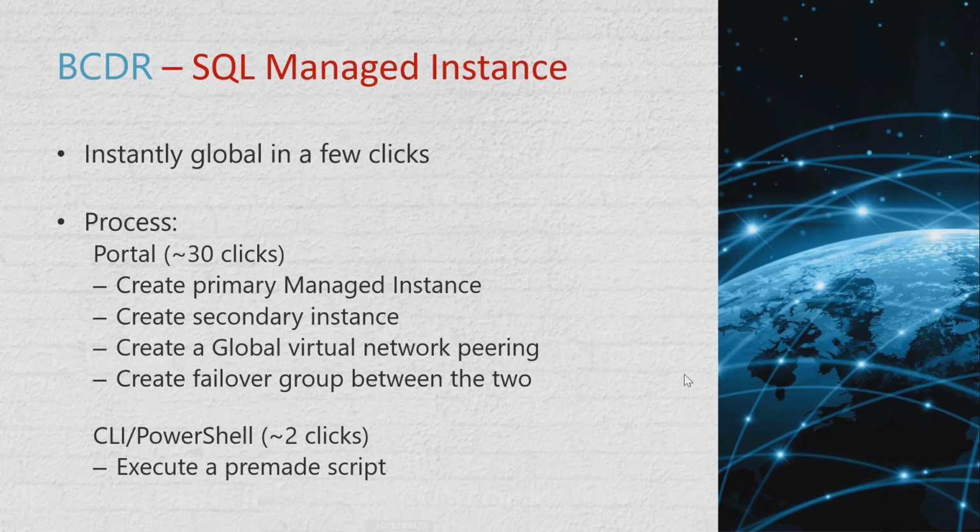The big steps are creating a primary managed instance, very simple, creating a secondary managed instance, also very simple, creating a global virtual peering, just establishing a virtual network, and then creating a failover group, which is all basically on one screen, where you select your primary and secondary instance, and the peering will be established.